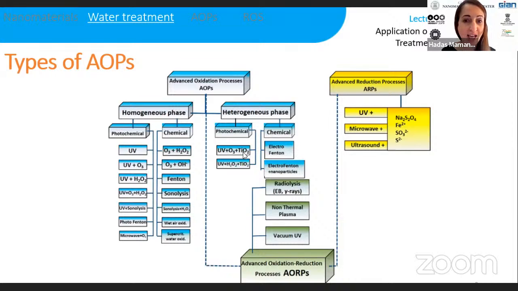Of course, we can also add to the system ozone or hydrogen peroxide together with a catalyst, and that will also serve as a photocatalytic-based heterogeneous phase AOP process. In the next lecture, we will dive deep into this section.